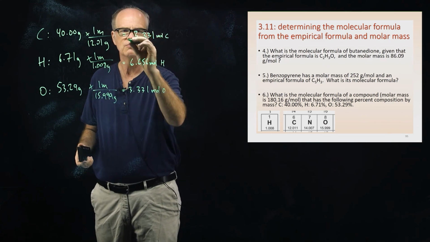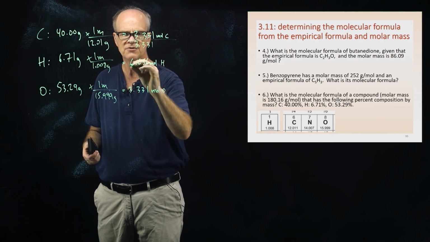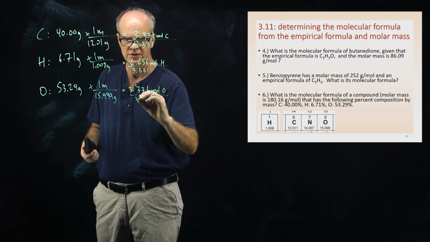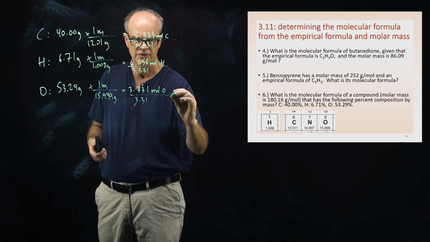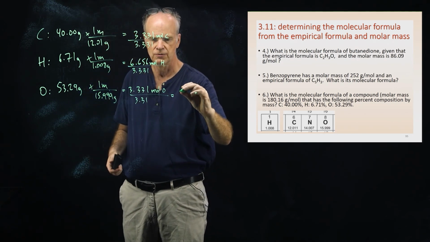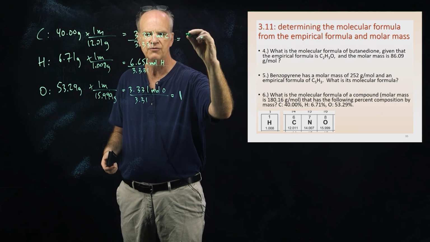Okay, so we divide by the smallest one and see we have 3.31 in 2 of them, so that will serve as the smallest one. Okay, so for oxygen, we have 1. For carbon, we have 1.